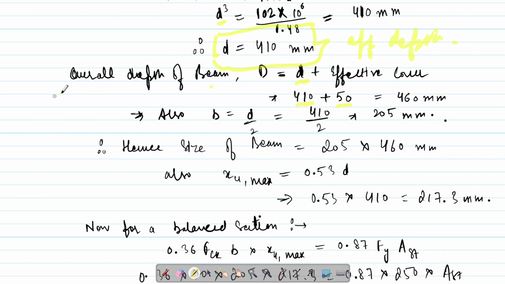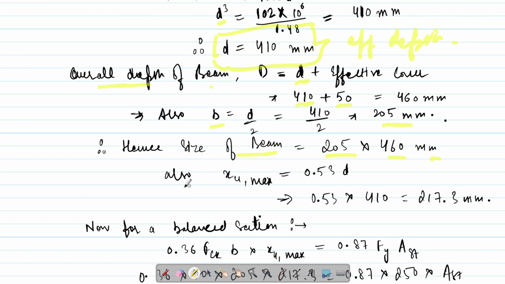From here we can also find the other dimension of the cross-sectional area, that is b. b is equal to d by 2, as was mentioned in the question. So d is 410 and b becomes 205 mm. So hence the size of the beam is 205 into 460 mm.